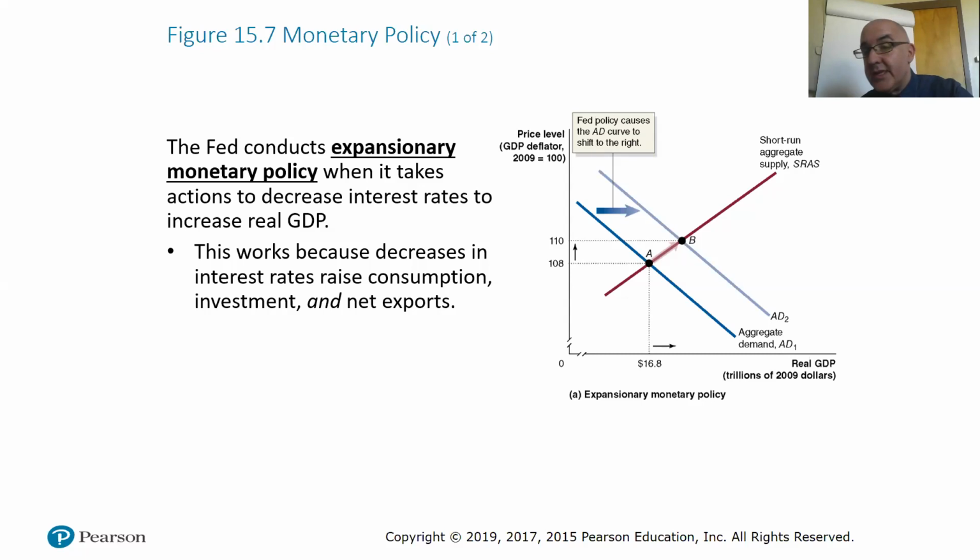Okay, but as you see, this is the aggregate demand, aggregate supply graph again. As aggregate demand shifts to the right, what can we see happening? If you look on the left-hand axis, you can see that the price level starts to go up. And obviously this whole section is on inflation, unemployment, and the Federal Reserve.